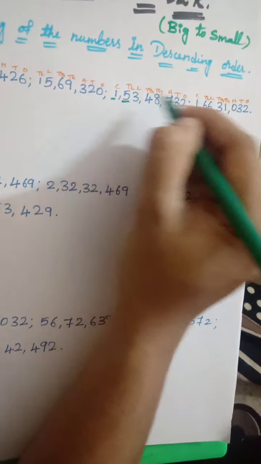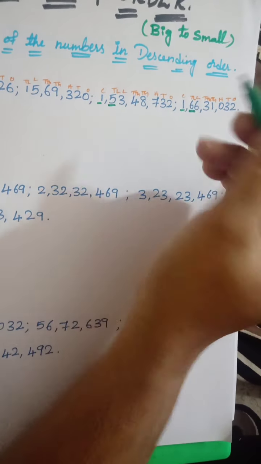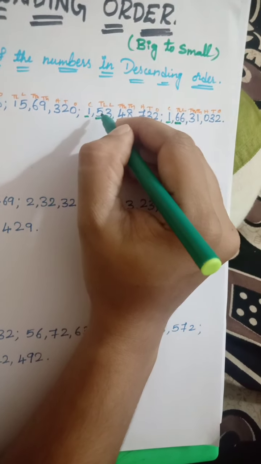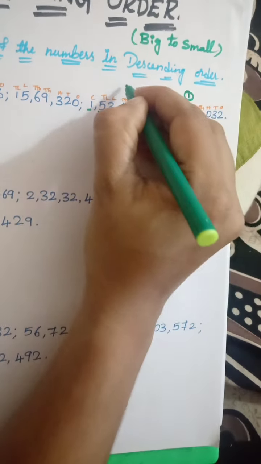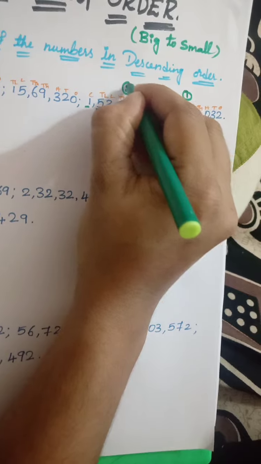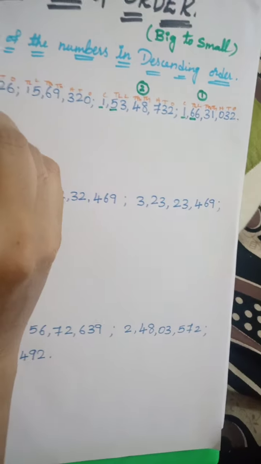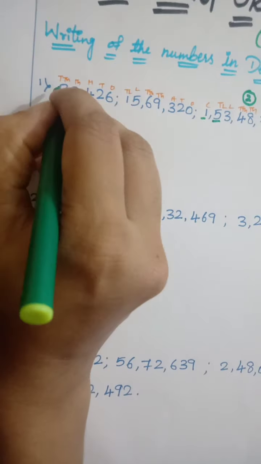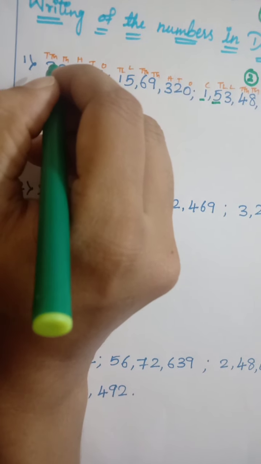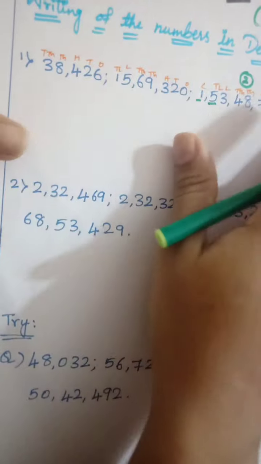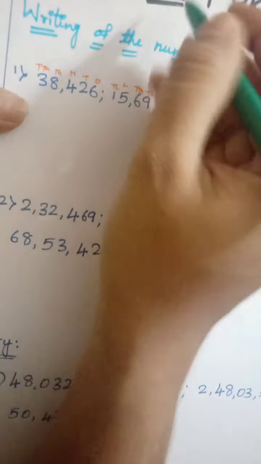5, 6, which is the greatest one? 6 is greater than 5. So first we need to write this number, and obviously second we need to write this number. Next we'll see, here 10 lakh, here 10,000. Which is greater? Let me write the place values here.